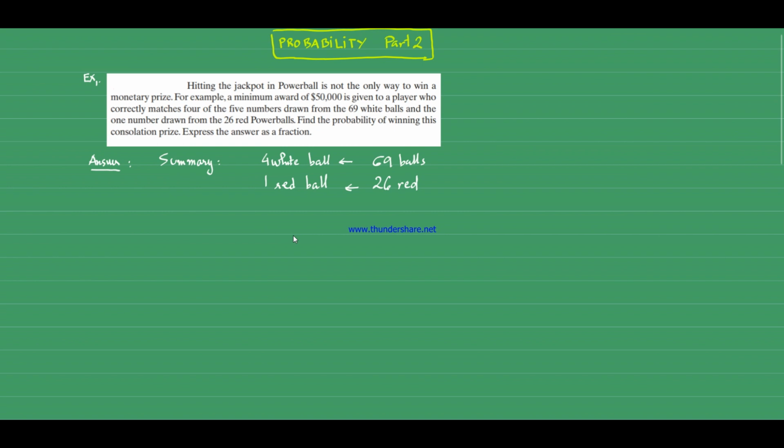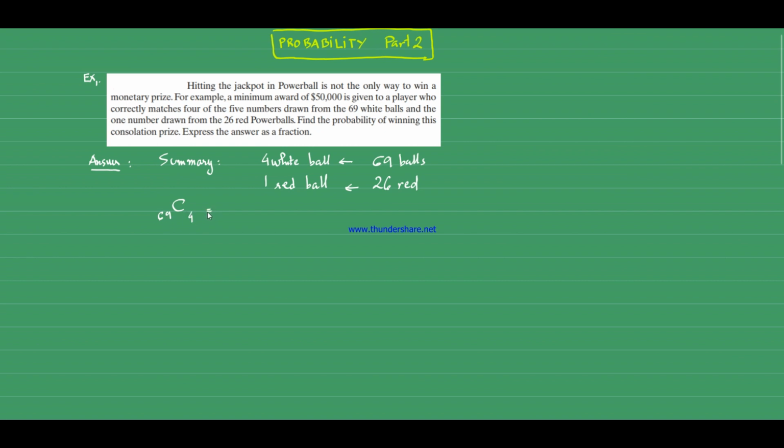So how are we going to find the sample space? We have 4 white balls from 69. No order is needed, so we can go ahead and use the combination concept over here. C(69, 4).